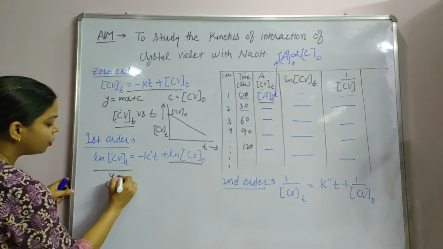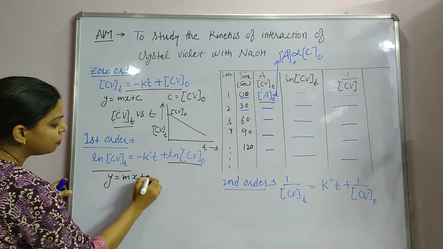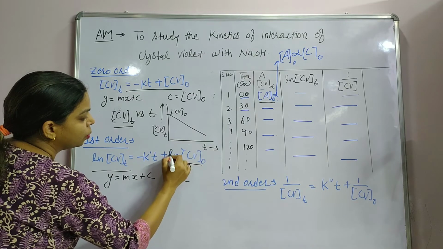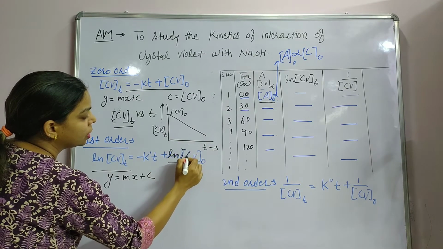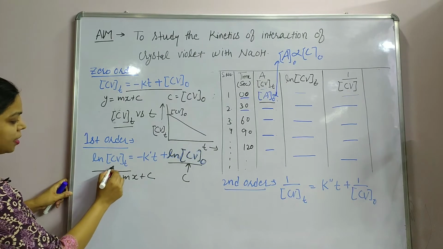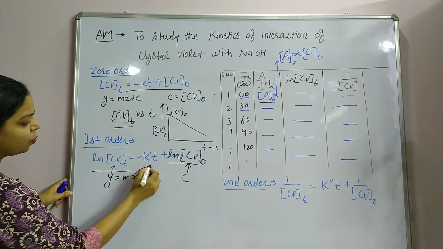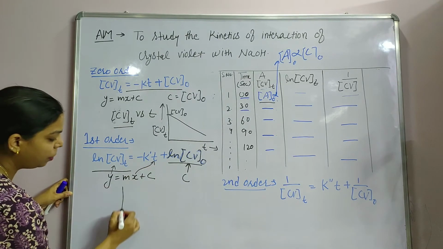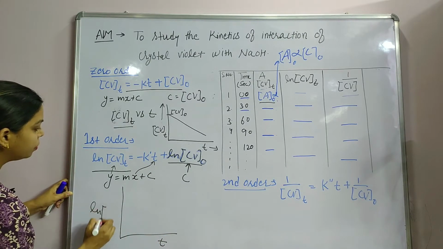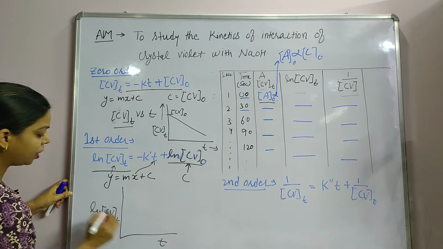Again compare this equation with y is equal to mx plus c. The intercept is log of CV naught, and y is this factor, x over here is this factor. So you will be plotting time versus log of CVT.